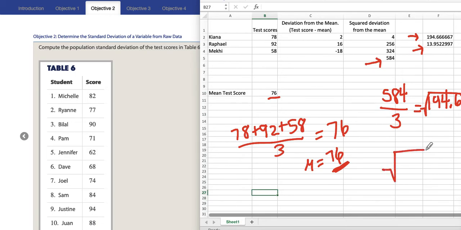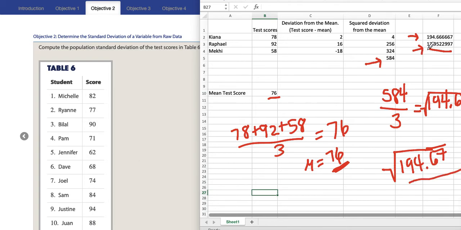Just use the square root button and take the square root of 194.67. Try to round as little as possible, and then you come up with 13.92. I just rounded it here, so yours may be a little bit different.